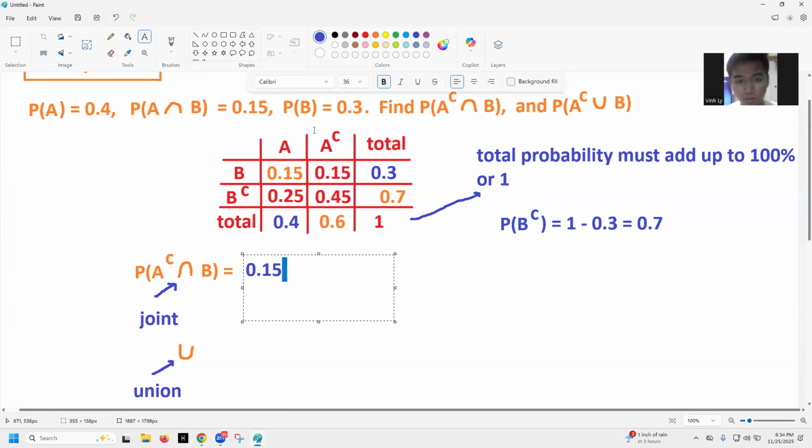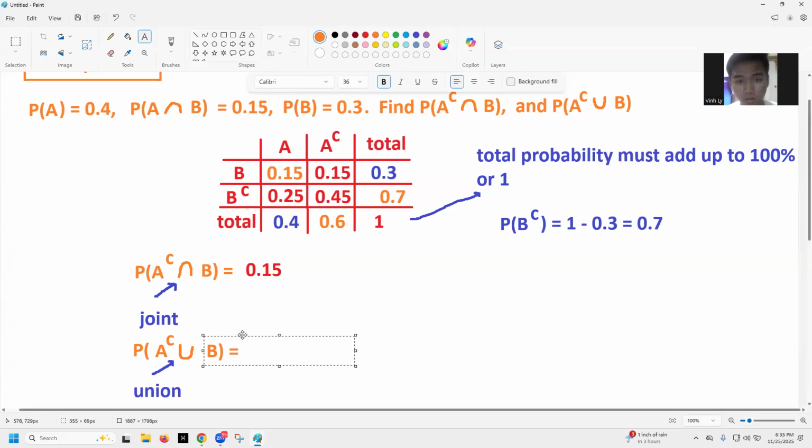Is that good? Yeah. And now if you want to find a union, that's a completely different story because you need to add up the probability. I want to find the union between AC or B, right? The keyword is or, so you have to add and subtract.